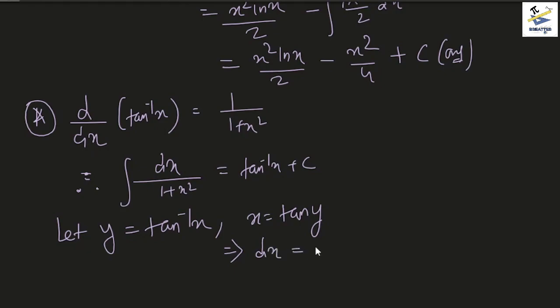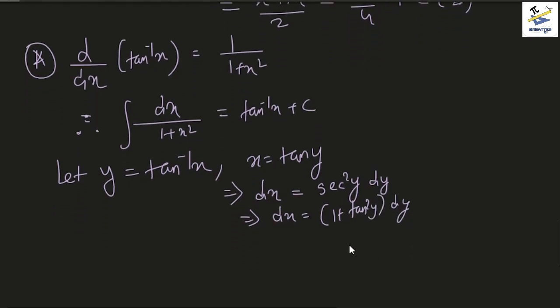So differentiating both sides, we get dx equals sec square y dy, and sec square y is just 1 plus tan square y dy, and so dy by dx would be equal to 1 by 1 plus tan square y, but tan y is just x, so it is just 1 by 1 plus x square, right? So the derivative of tan inverse x, which is dy by dx, is 1 by 1 plus x square.